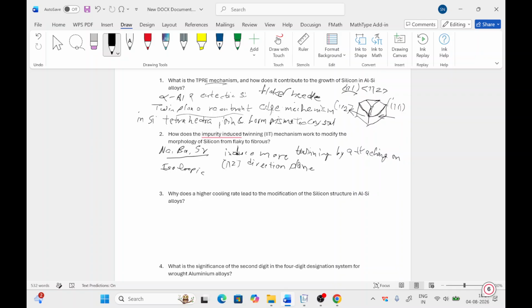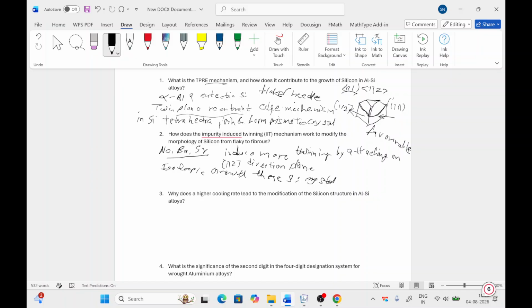First, the 112 direction was the favorable direction for attachment of silicon particles. But now, as the sodium, barium, and strontium atoms attach to this surface, silicon atoms will find another plane to sit, and that will lead to isotropic growth of the silicon crystals. So the needle shape was because of this favorable orientation of silicon particles.